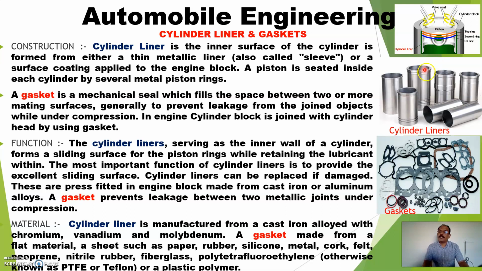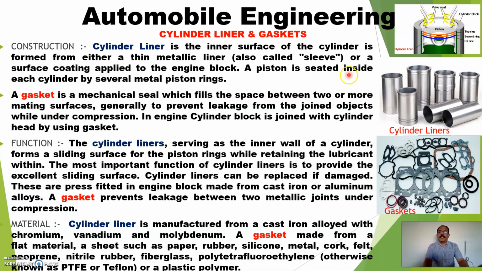You can observe this figure. Now, what is the construction of the cylinder liner? The inner surface of the cylinder block, rather I will say the cylinder bore, is formed from either a thin metallic liner, also called a sleeve, or a surface coating applied to the engine block. This is the engine block, and this acts as a surface coating in the form of a thin sheet.